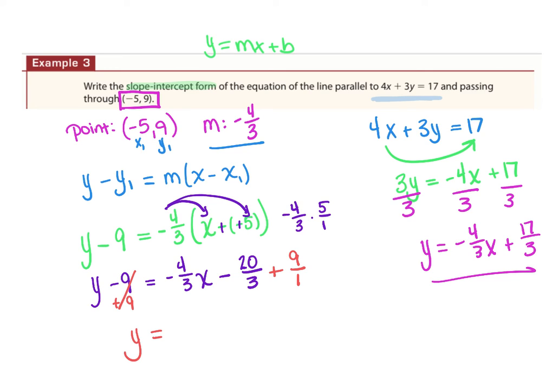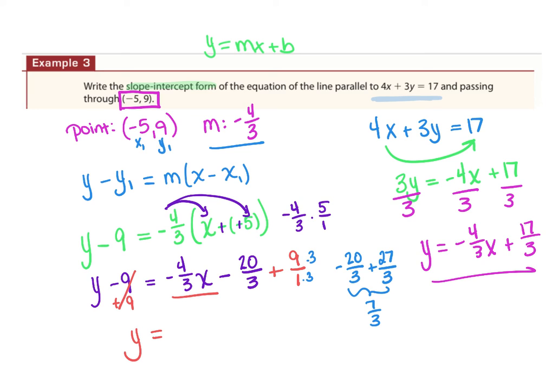It's just 3. So I multiply the top and bottom by 3, right? So I get negative 20 over 3 plus 27 over 3. What's negative 20 and positive 27? Yeah, just 7. So this becomes 7 over 3.